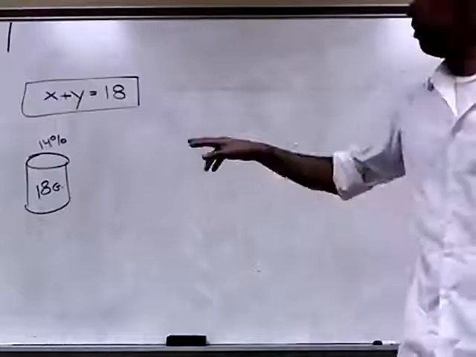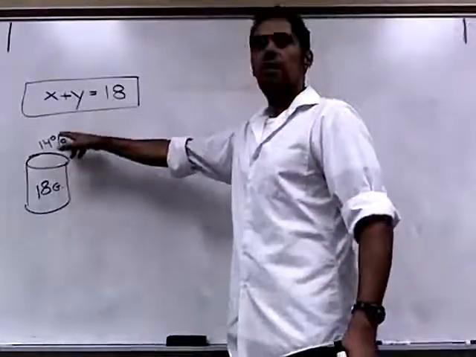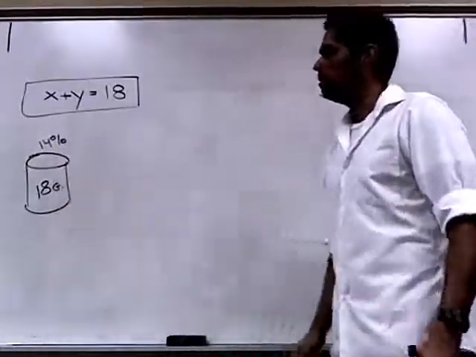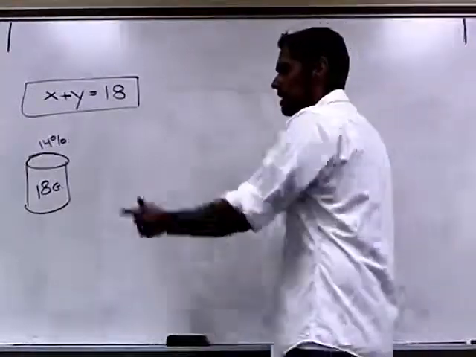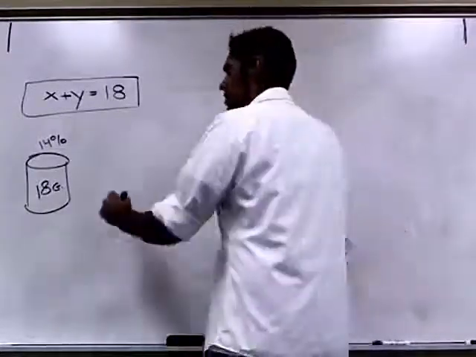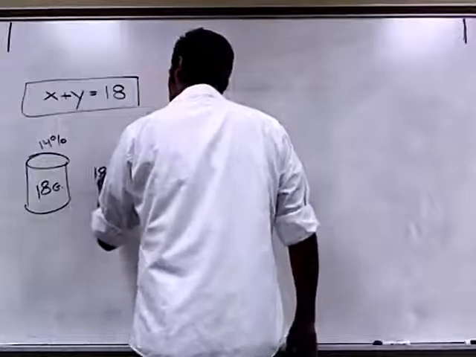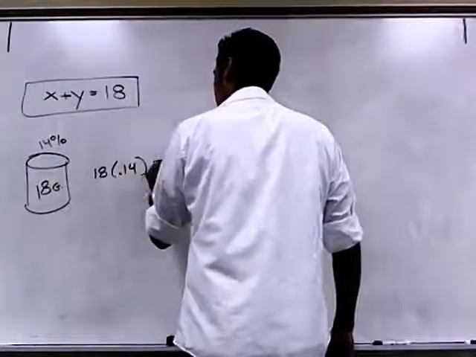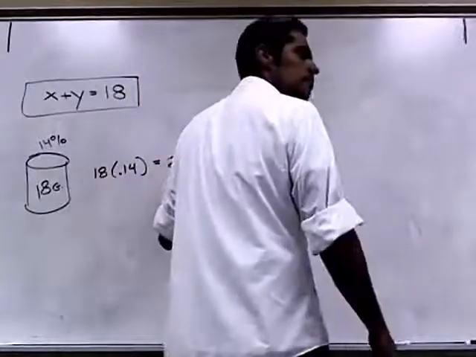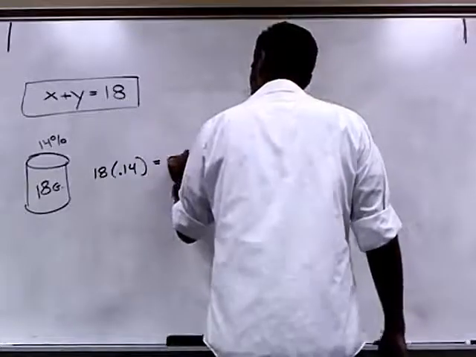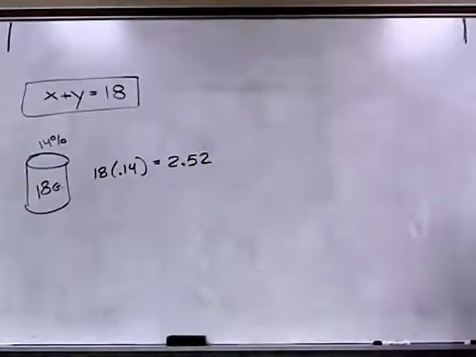How much alcohol would be in this mixture right here? If I have 18 gallons and it's supposed to be 14% concentration, I do 18 times 0.14, and what would I have? 2.52. That's how much alcohol I want there at the end.